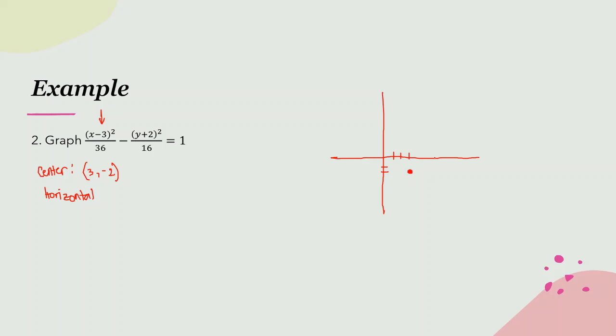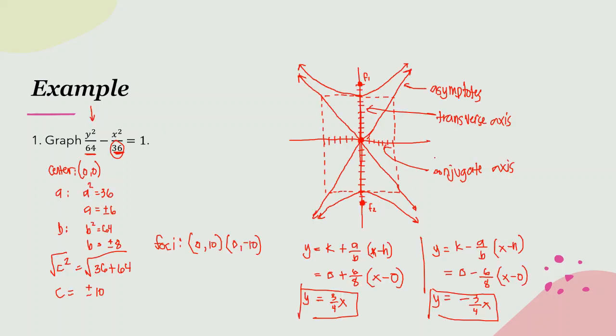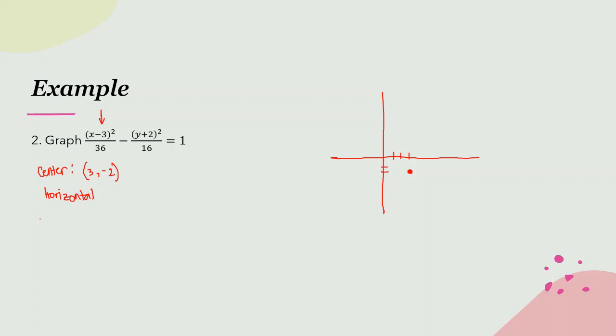Next step is we have to find our a and b. Our a from the equation: a squared is equivalent to 36, and a, the square root of 36, is equivalent to positive negative 6.